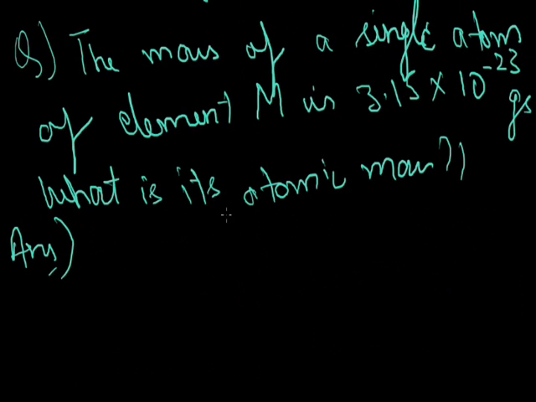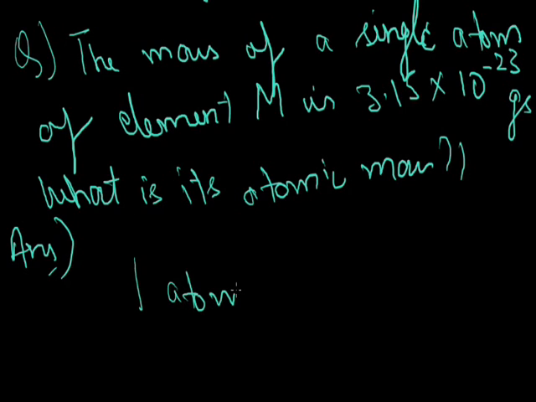Here we can see that the mass of one atom of element M is given as 3.15 into 10 to the minus 23 grams. If we have to calculate the atomic mass, we can easily calculate by finding how much 6 into 10 to the 23 particles will weigh. That will give us the atomic weight of M.